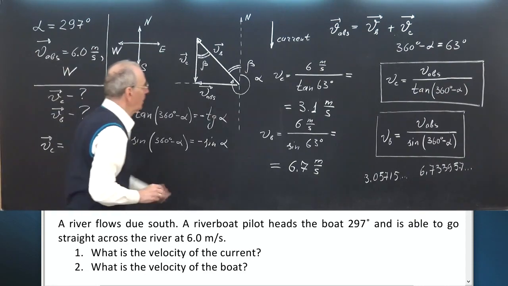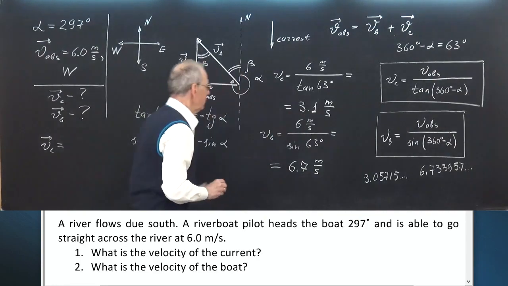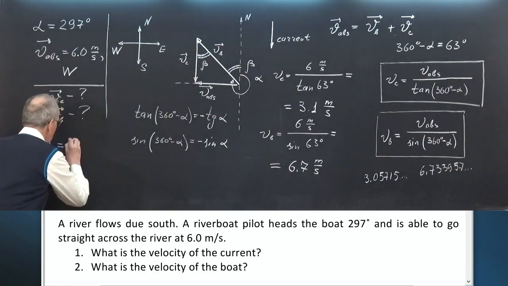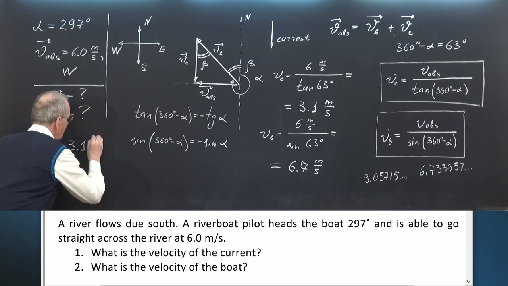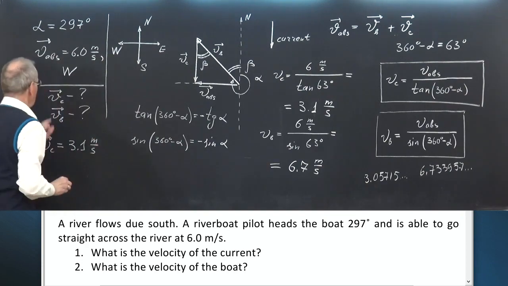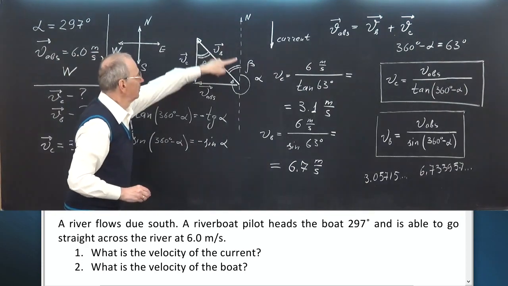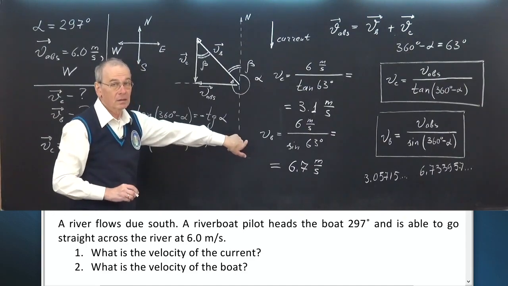So the answer is V current equals 3.1 meters per second to the south.